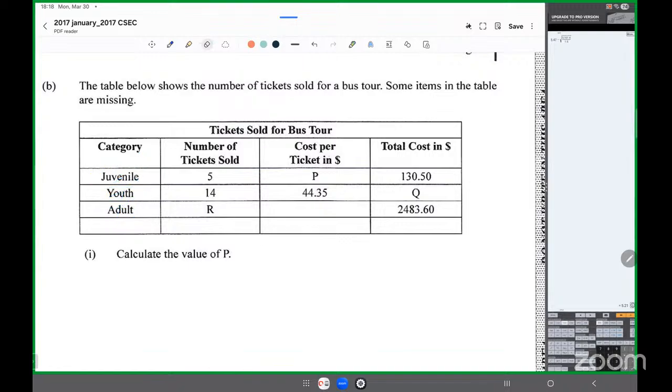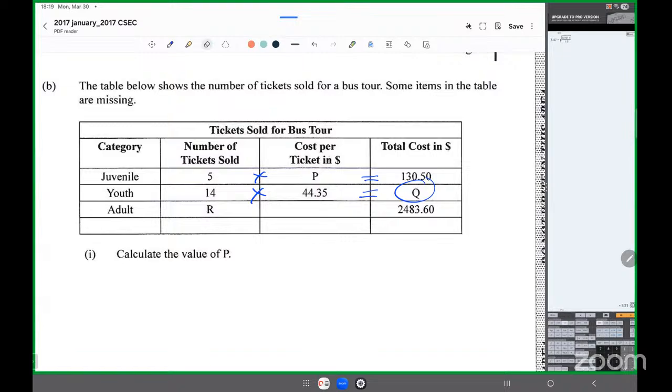And the number of tickets sold here is 5, 14, and R. We don't know R. And then this is the cost per ticket, the cost for one ticket. So one juvenile ticket, 5 of them is for $P. And this is the total cost. So to get this value over here, we multiply these two. To get this value over here, multiply these two.